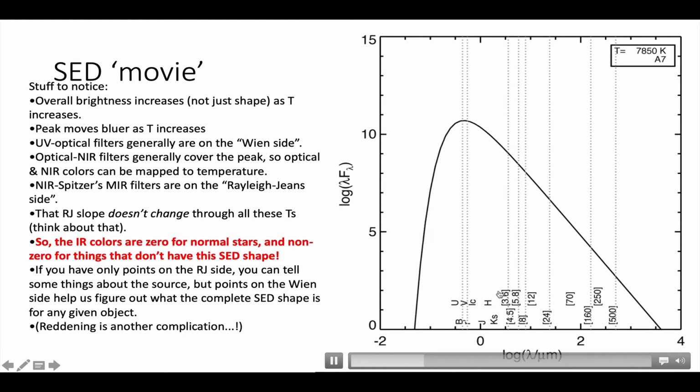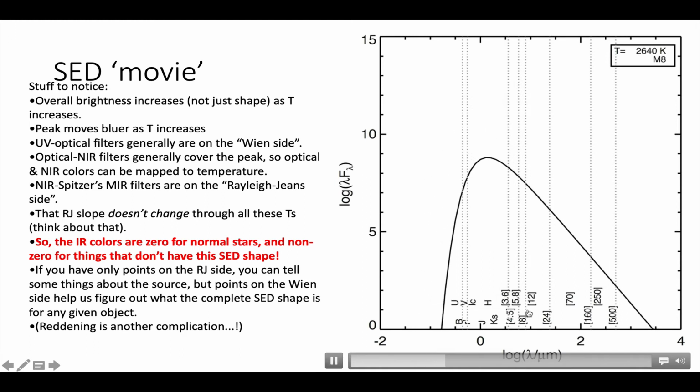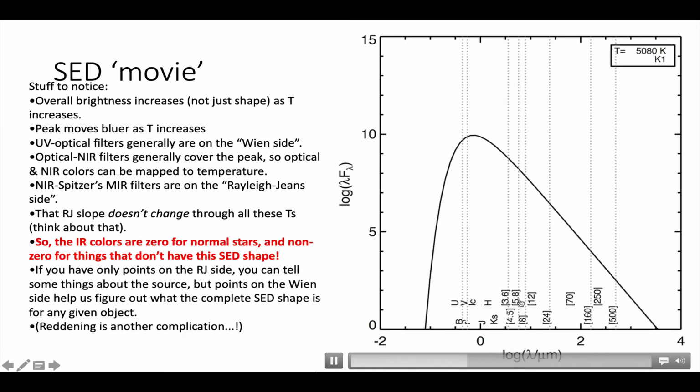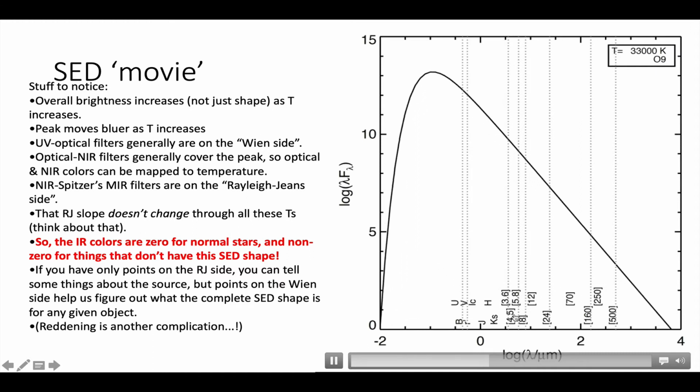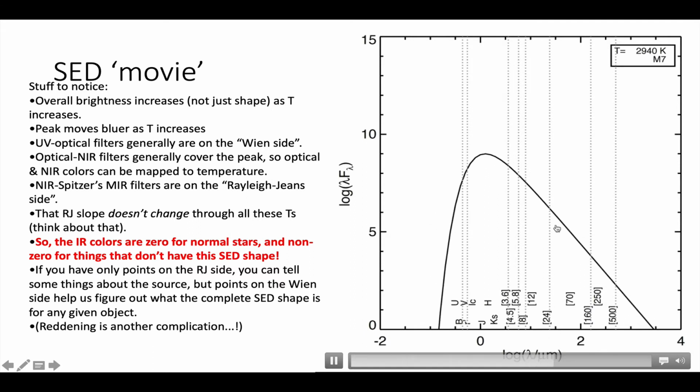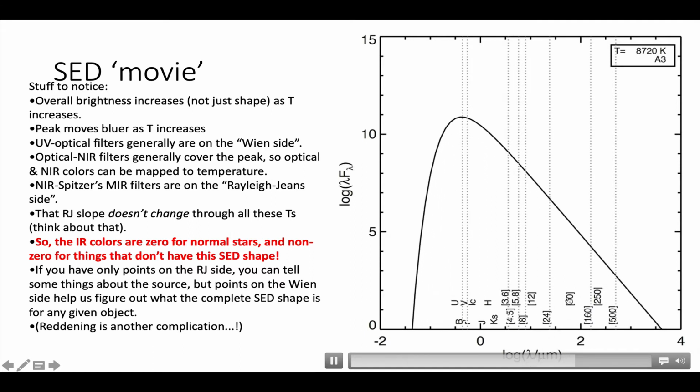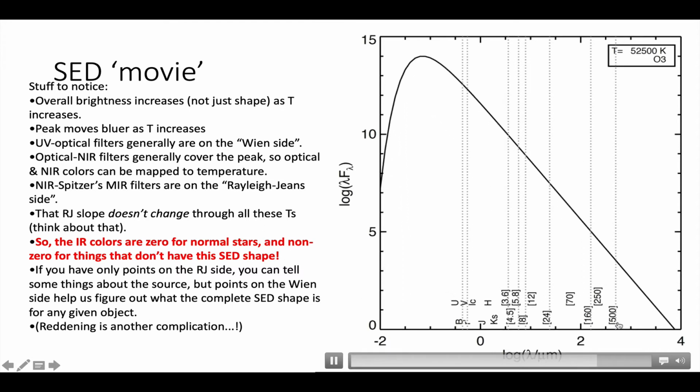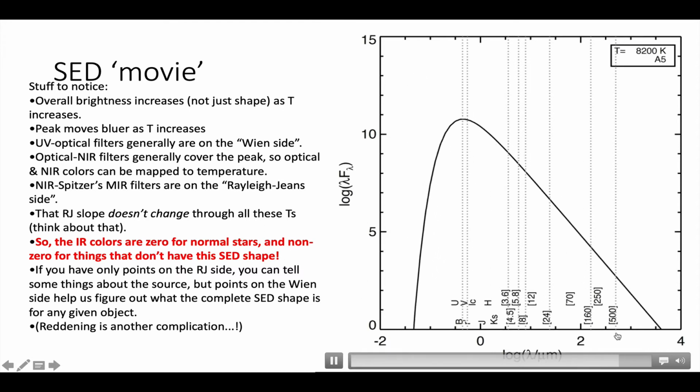Then the IRAC filters have 3 vertical lines for IRAC 1, 2, and 3, or maybe it's IRAC 1, IRAC 3, and IRAC 4. And then WISE is here at 12 microns, MIPS is at 24, it gets a vertical line. And then we've got 70 microns, 160, 250, and 500, where 160, 250, and 500 are Herschel bands.